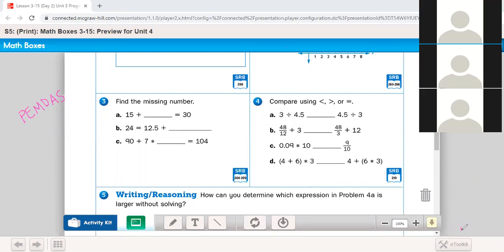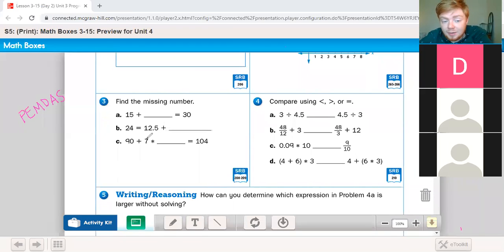Multiply? Yes. So guys, multiplying comes first. So in theory, you could just go ahead and put this part in parentheses because whatever this is, you would want to do 7 times that, then plus 90. So to help us out, let's go ahead and do 104 minus 90 so we know what number we're trying to get.